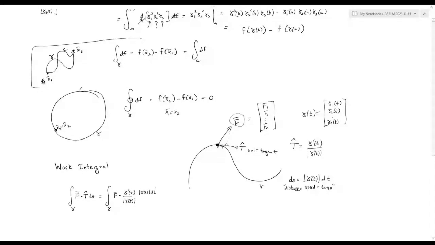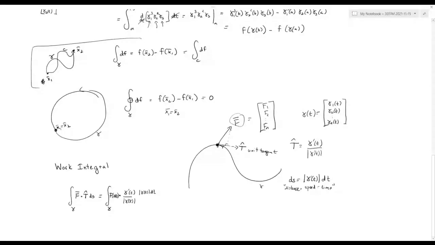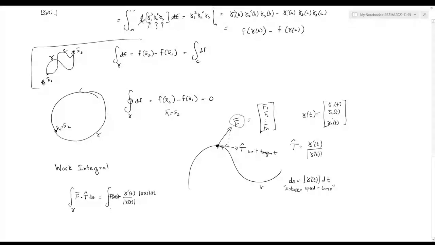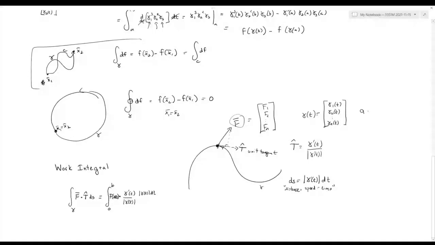Then we can evaluate f along points on the curve, and the bounds would go from, let's say, a to b. So t will be between a and b.